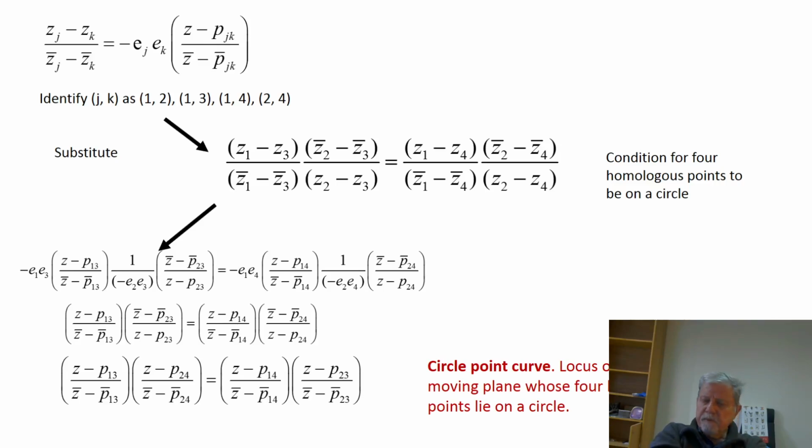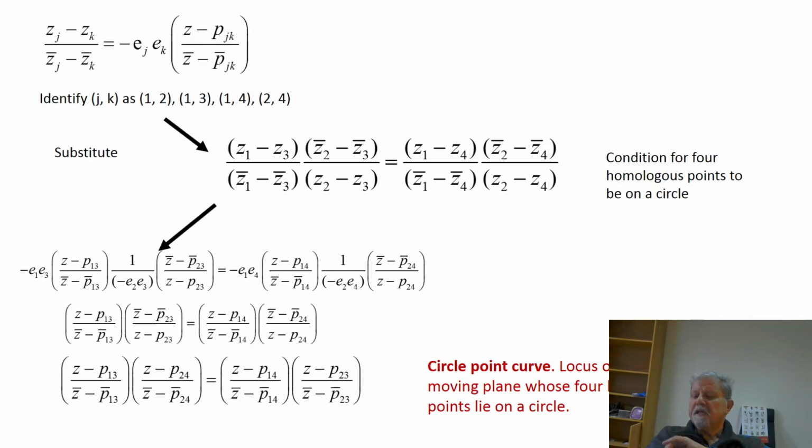So you end up with the highest term being z bar squared z. And if you expand it into x and y coordinates, you are going to obtain a cubic algebraic equation. It is a cubic curve that you can draw.